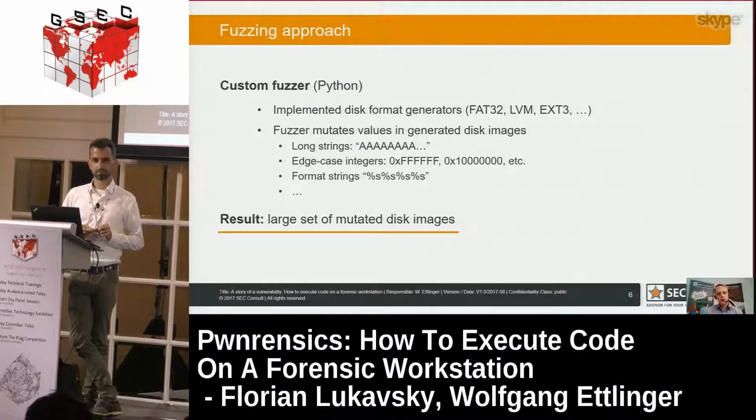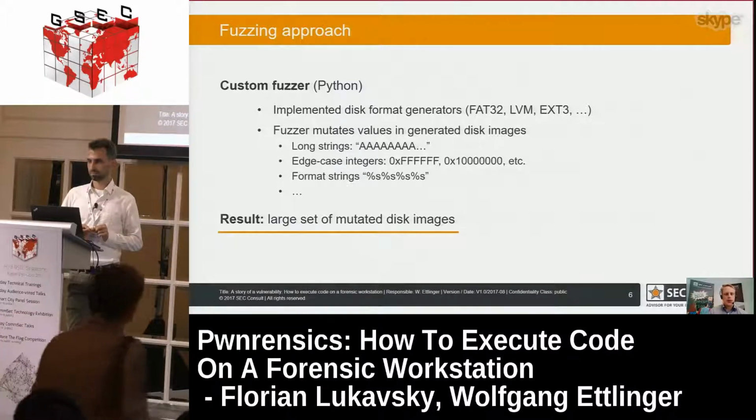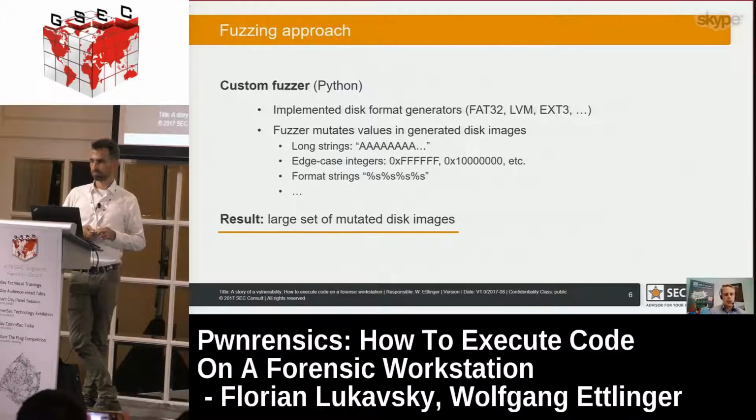As for our fuzzing approach, in order to find vulnerabilities in this tool that we use ourselves, we wrote a custom fuzzer in Python, and for this we implemented several generators for disk formats, for example FAT32, LVM, XFS, MBR, GPT, and so on. Then we wrote a simple fuzzing tool that modifies some values in the header fields.